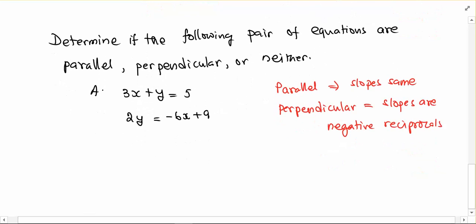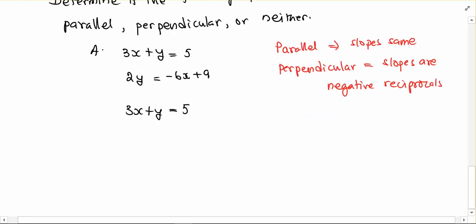Okay, so we've got to find the slopes of these. Let's take the first one, and we can solve for y. So minus a 3x, it's easy to do. y equals minus 3x plus 5. So the slope on this one is negative 3.